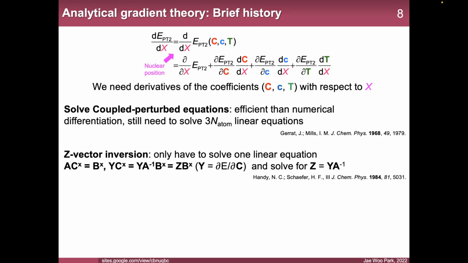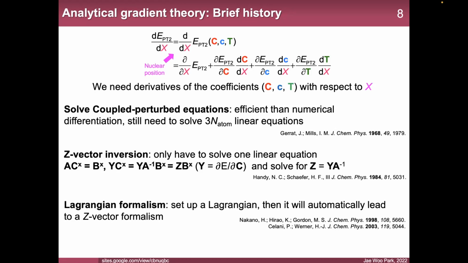So Handy and Schaefer wrote a wonderful paper on Z-vector inversion. So for the analytical gradient evaluations, you have to solve only one linear equation to evaluate this kind of analytical gradient.